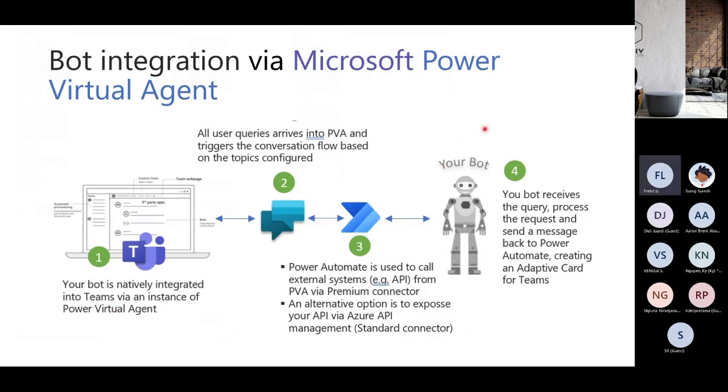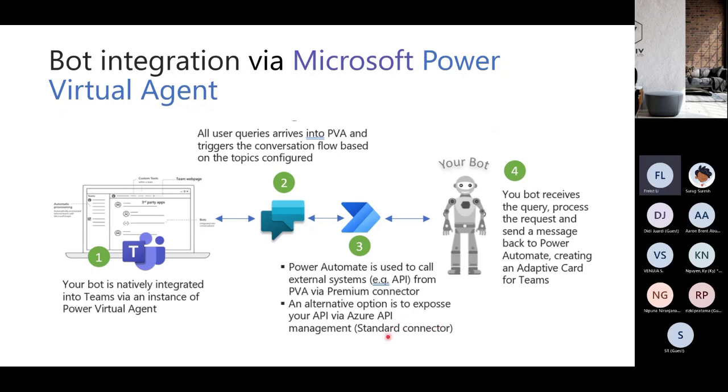The third integration method is we can use the Power Virtual Agent. I have mentioned this a bit at the beginning. With the Power Virtual Agent, you basically do not need any code and you can create the bot application quickly. But if you want this application to talk with the Power Automate logic, then you will need the Premium Connector license.